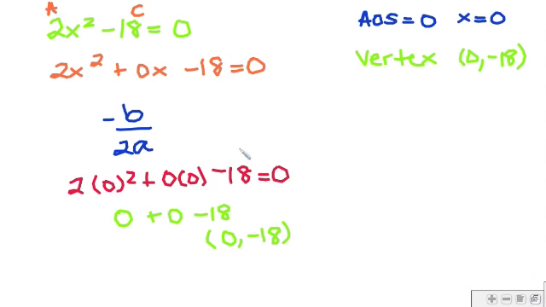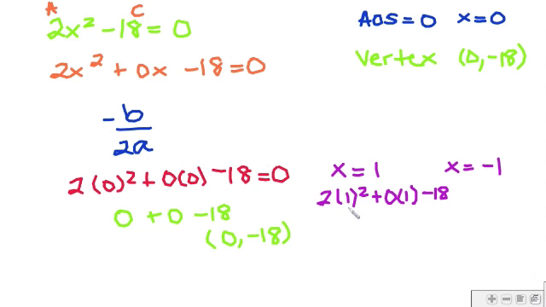Now let's find two other points. We're going to find a point higher than 0 and a point lower than 0. So I'm going to find that x is 1 and x is negative 1. Plug those values in for the x's. I get 2 times 1 squared plus 0 times 1 minus 18.